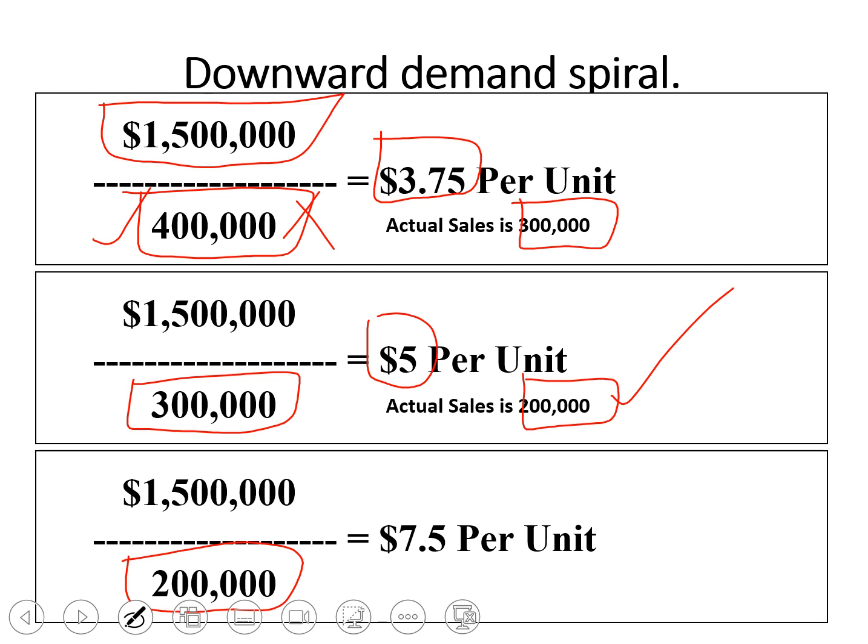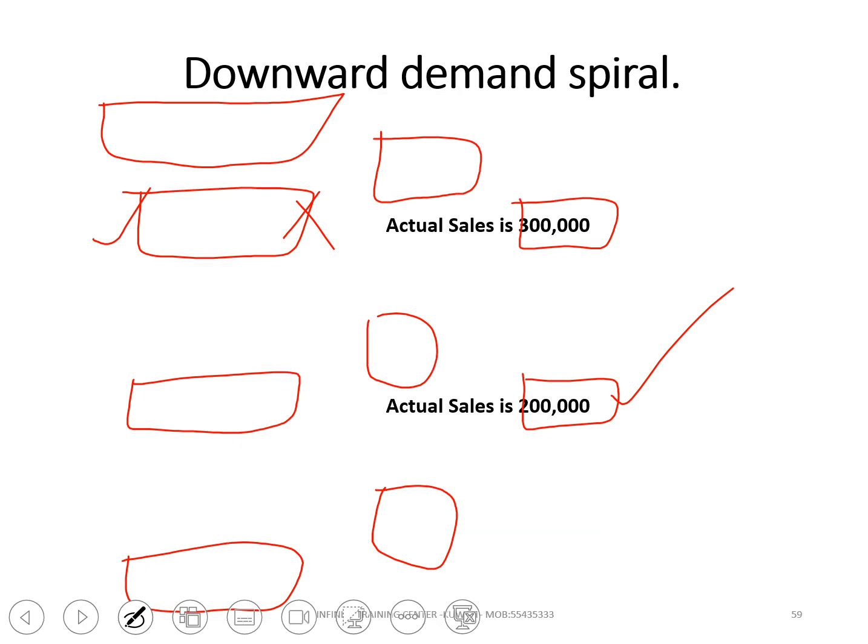So you are taking the 200,000 and dividing the cost by 200,000. This will make again your cost increase, and that will result in an increase in selling price, and an increase in selling price will result again in demand going down. So this concept is what we call the downward demand spiral.